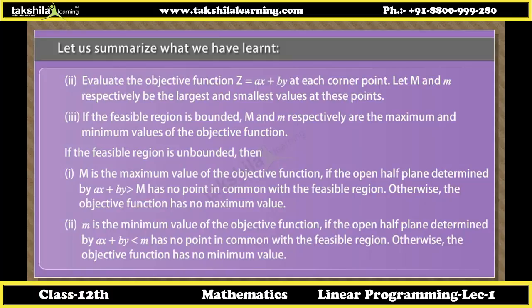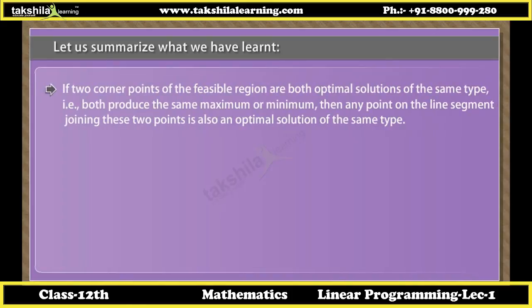Otherwise, the objective function has no minimum value. If two corner points of the feasible region are both optimal solutions of the same type, that is, both produce the same maximum or minimum, then any point on the line segment joining these two points is also an optimal solution of the same type.